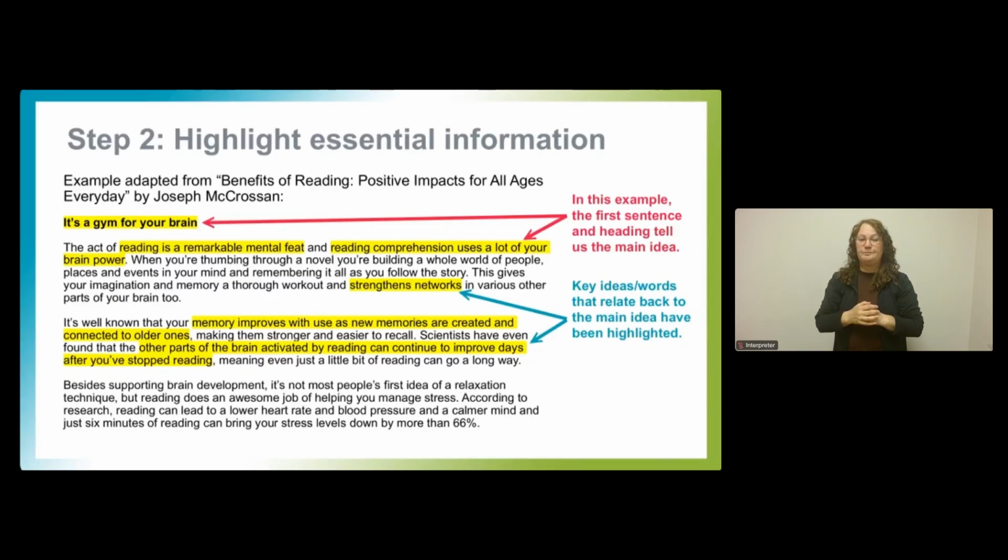Second paragraph, I've highlighted memory improves with use as new memories are created and connected to older ones. So I feel that is important to include in my summary. And finally, I've highlighted other parts of the brain activated by reading can continue to improve days after you've stopped reading. So I think that is a really interesting idea that I want to include in my summary.